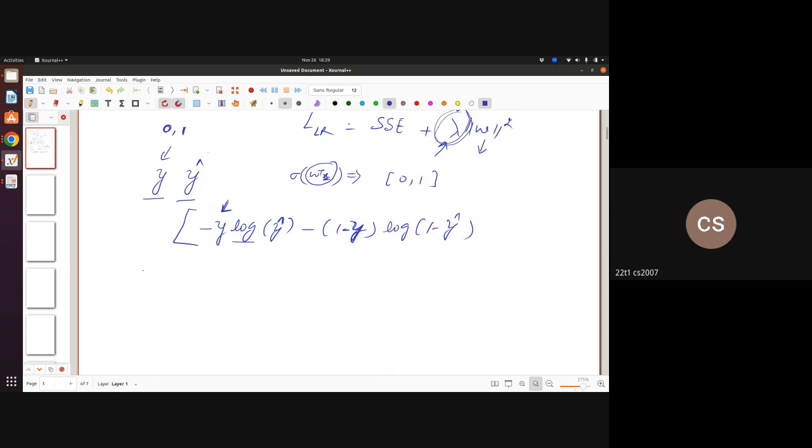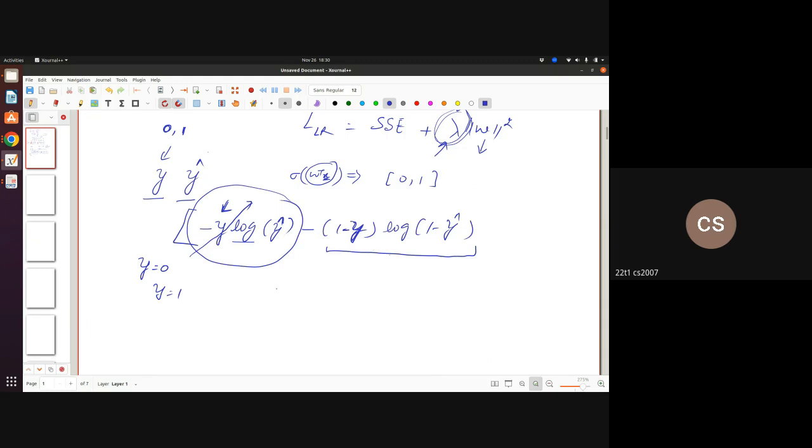So when y is equal to 0, this whole term becomes 0, right? This y becomes 0. So we are left with this particular part. So when y is equal to 0, we use this. And when y is equal to 1, this term becomes 0 and we are left with this particular part, right? So that's how, this is a combined formula, you can say.